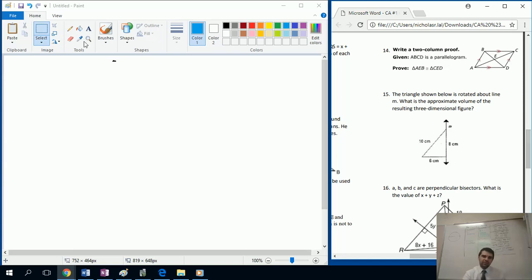Okay. Write this as a two-column proof. Given ABCD is a parallelogram, prove triangle AEB is congruent to triangle CED. So we need to prove that. Let's go through the proofs. Statements, for proofs, let's turn this into a more traditional color.